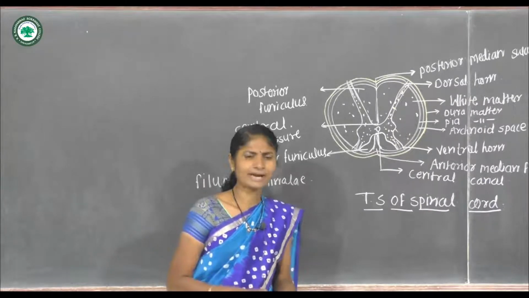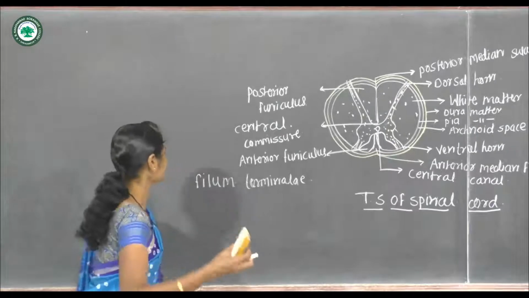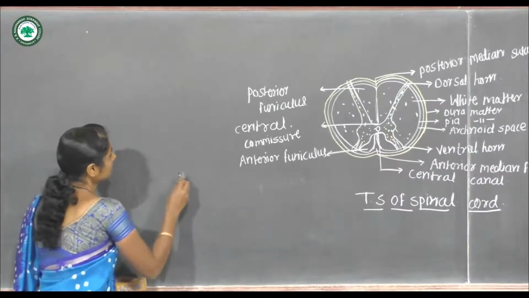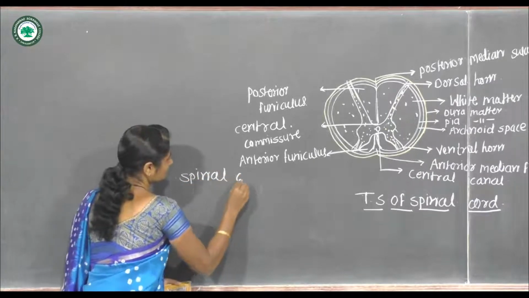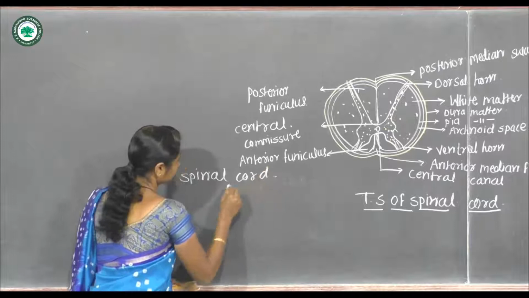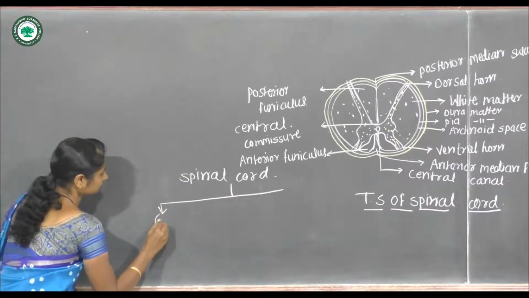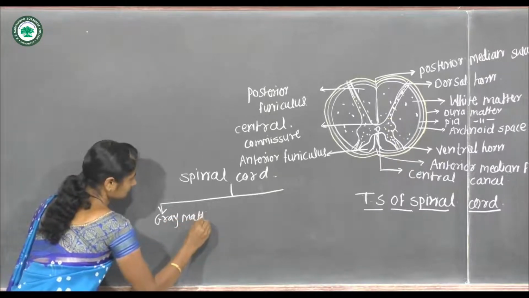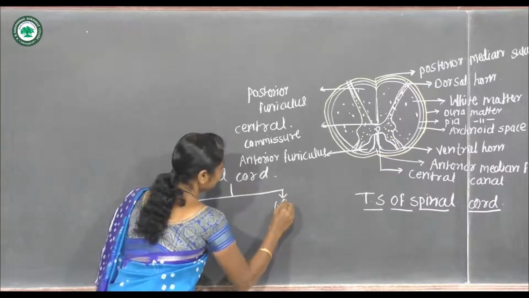Histologically, this spinal cord consists mainly of two parts. First part is gray matter, and second part is white matter.